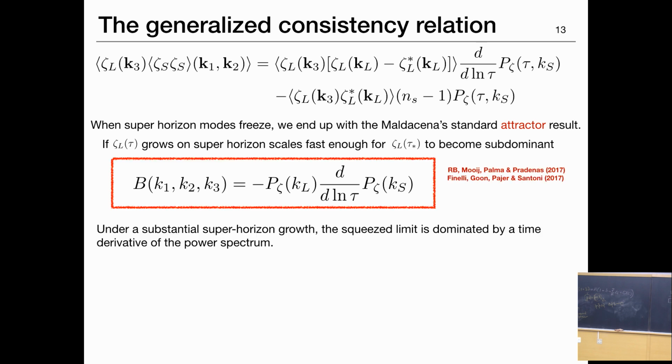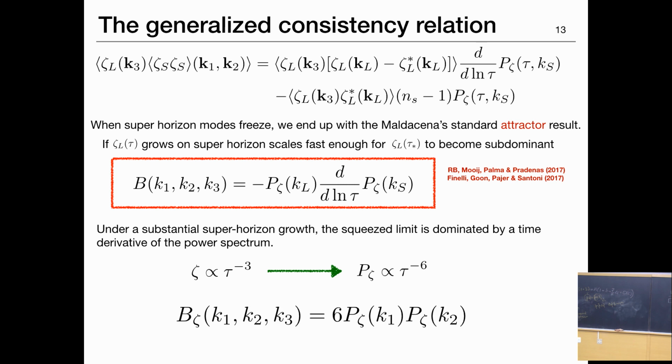So if we apply this consistency relation to the ultra slow roll models of inflation, in which the curvature perturbation depends on time in this way, the power spectrum is quadratic in the curvature perturbations. So we have this dependence we put here, and we recover the result found by Chen and company.